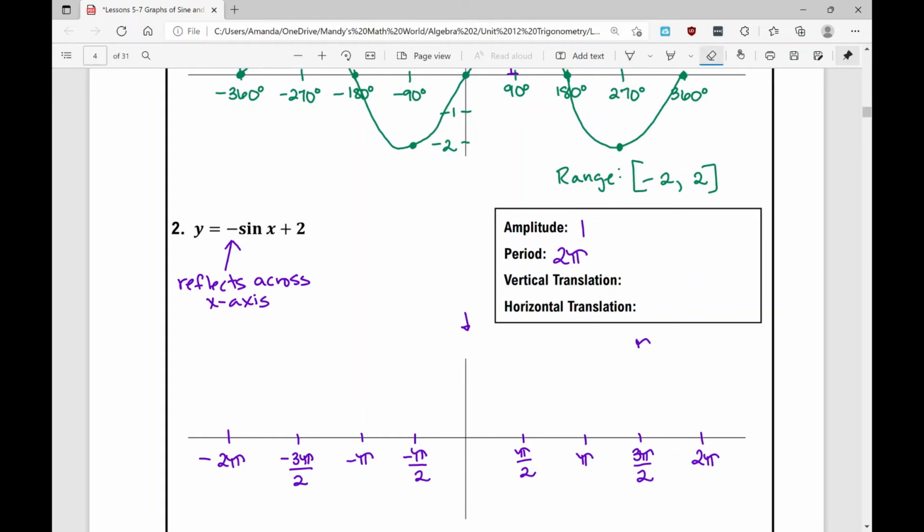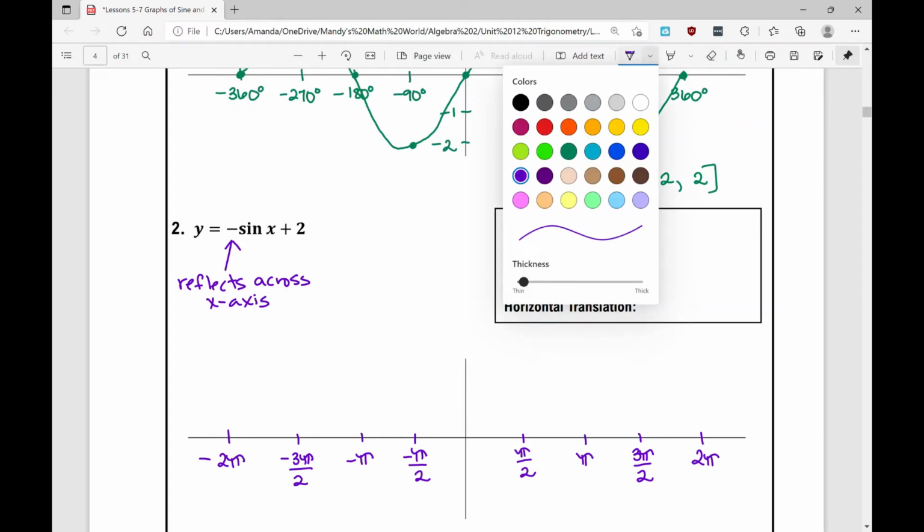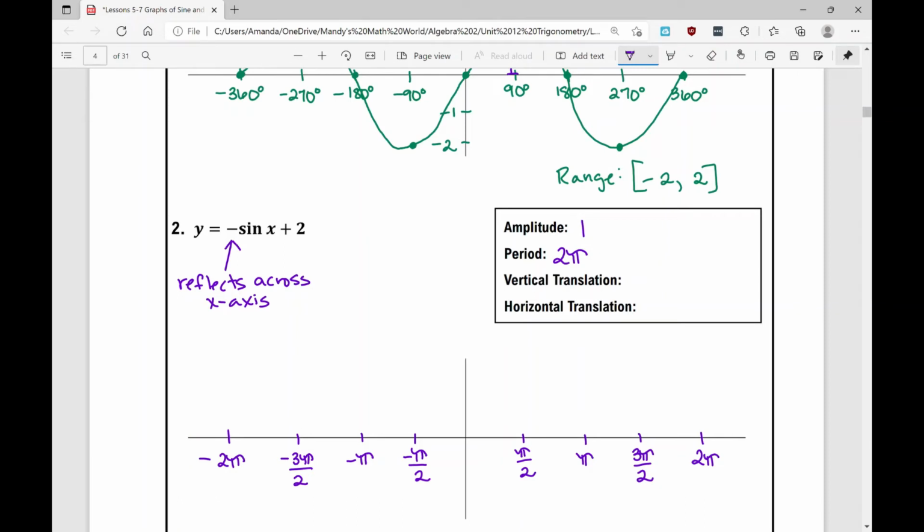So I'm going to erase that so it's a little bit cleaner. And now we're going to talk about where this is going to start, because in this case, I have a vertical translation. So we're sliding this entire graph up 2 units. This is going to move our entire graph up 2 units. And there's no horizontal translation. So where's my midline now? My midline is not the x-axis anymore.